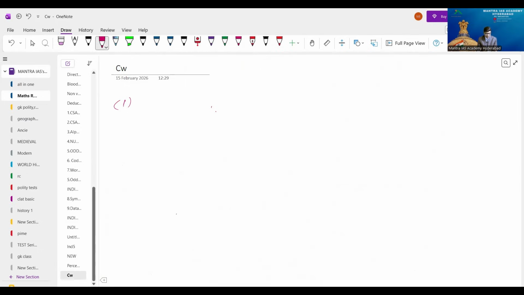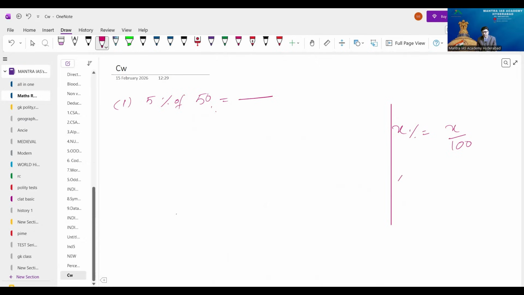Question number 1 is, find 5% of 50. Whenever you have X percentage, what is the meaning of that? X by 100. Before starting, I'll tell you one more point. X percentage means 1 X upon 100.